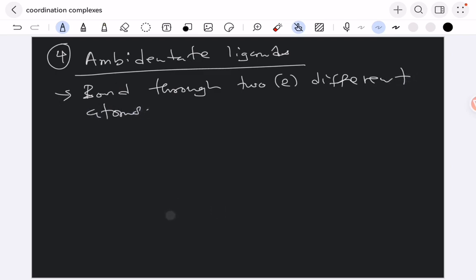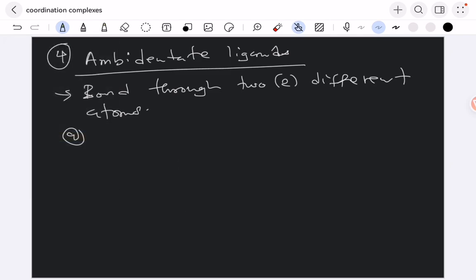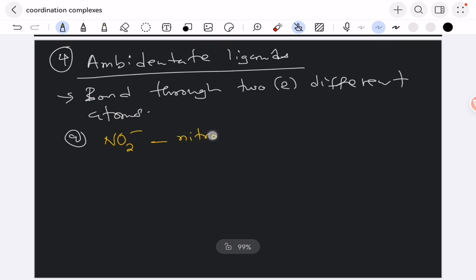I'll give an example. For example, NO2 negative. When this one is bonded through nitrogen, it's known as nitro. But when it's bonded through oxygen, it changes the name to nitrito. So nitrito means it's bonded through oxygen.